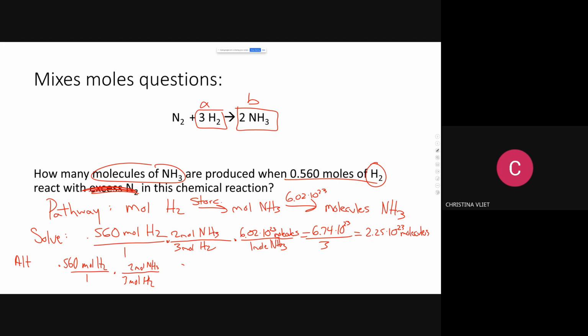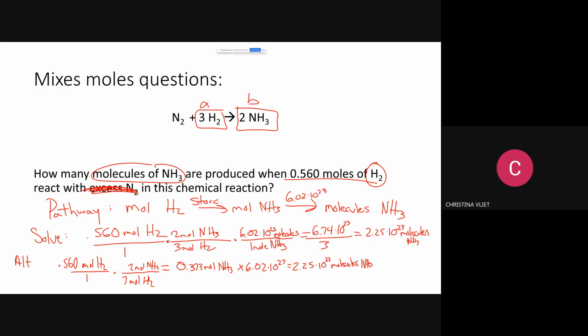So 0.560 times 2 divided by 3, 0.373 moles of NH3. And then in order to do this, you'd say, okay, so I know that's the moles. I want to get to molecules. There's always more molecules than moles. So if I'm switching out of moles, I'm always multiplying. And it would be times 6.02 times 10 to the 23rd, essentially giving you the same answer of 2.25 times 10 to the 23rd molecules. You can use either of these two methods. They are both appropriate.